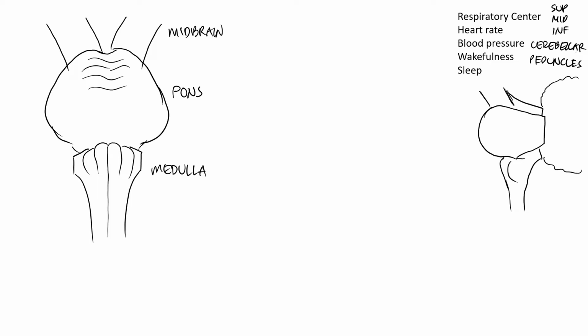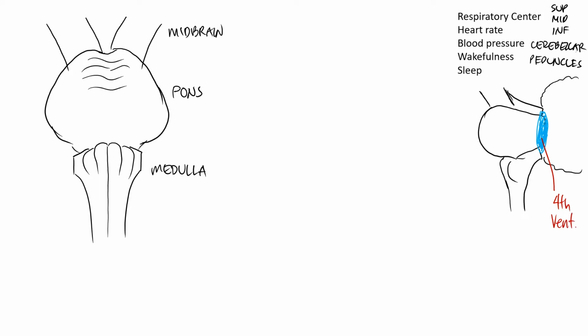Aside from that, not only do you have the cerebellum as you go posteriorly, you also have a cavity here, filled with cerebrospinal fluid. That cavity we call the fourth ventricle.